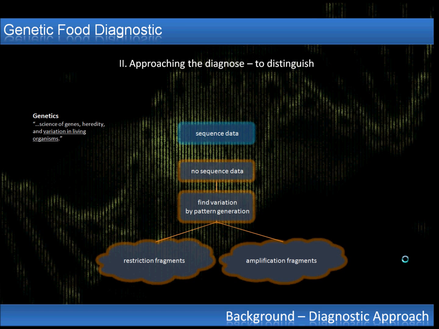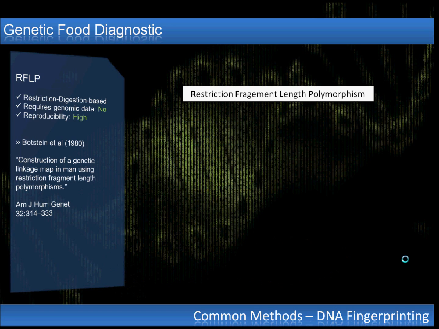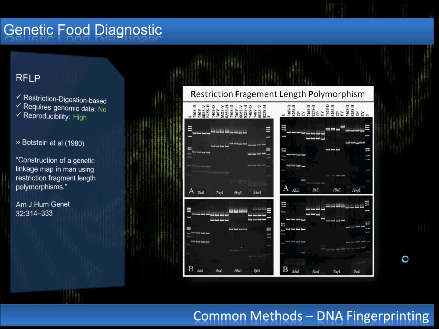In the following, I want to show you 3 examples for this pattern generation. The first one is called restriction fragment length polymorphism. You digest genomic DNA, and so you get a fragment pattern of the cutting sites, and you can compare organisms according to these patterns.